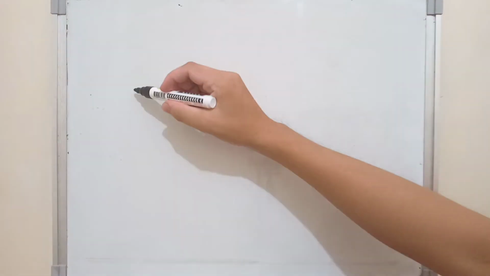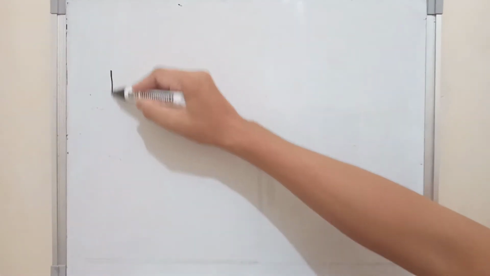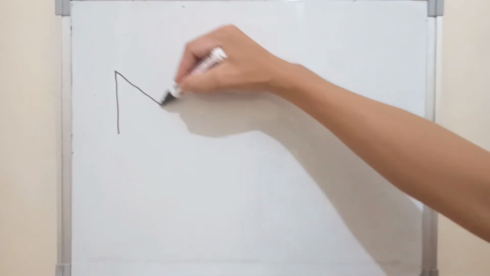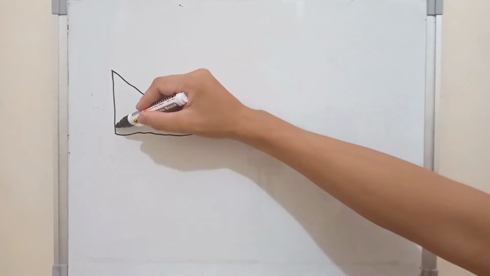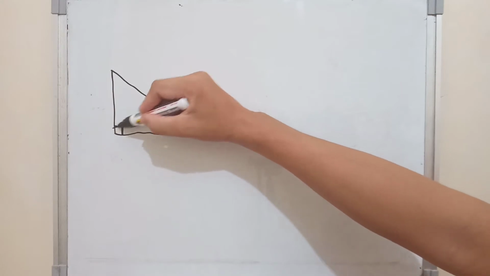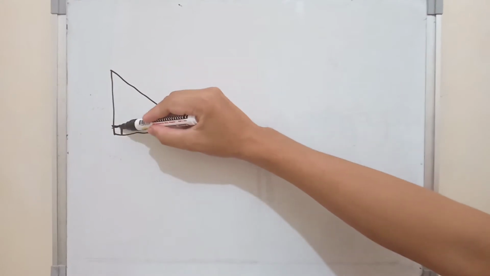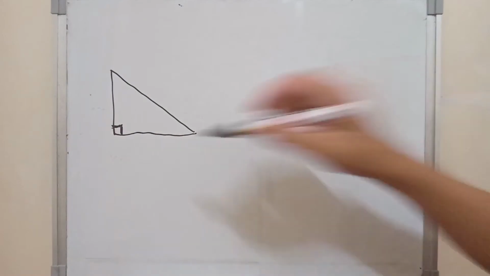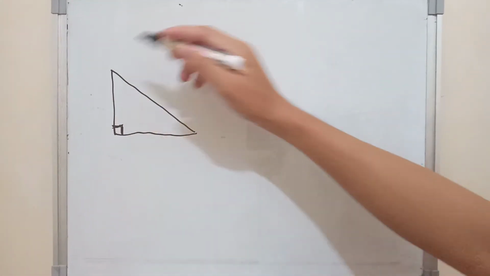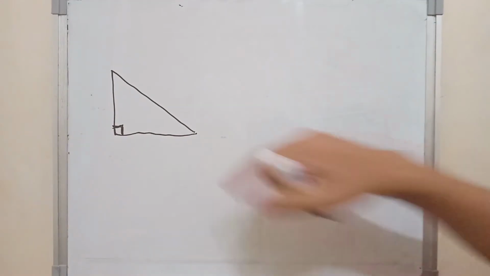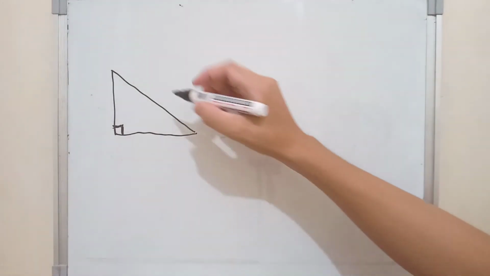So, tingnan natin ulit. Okay, may right triangle. Lagyan natin dito ng symbol. Etong symbol na to is, sinasabi niya na ang angle na to is 90 degrees. So, yung triangle natin is right triangle.